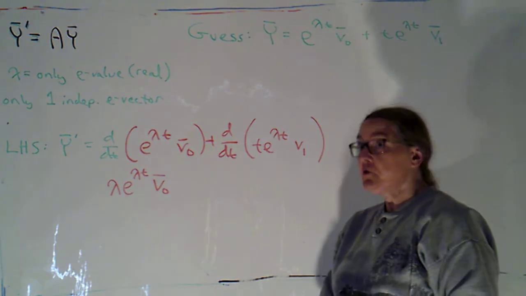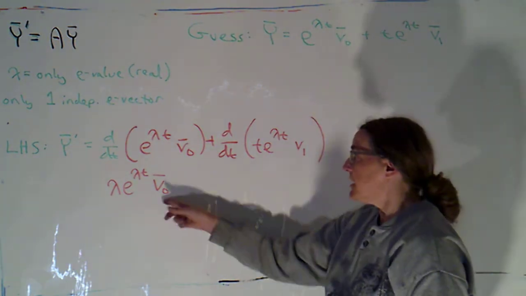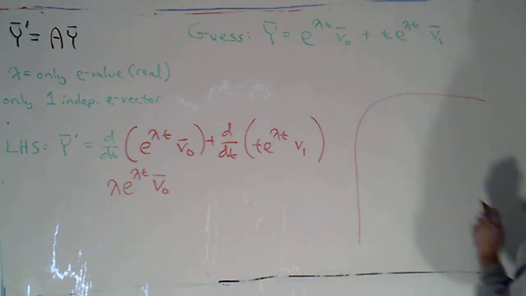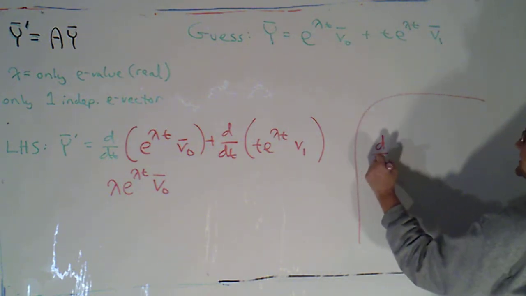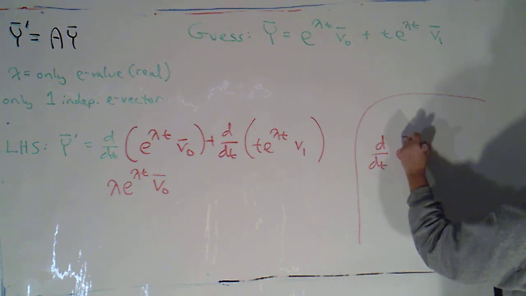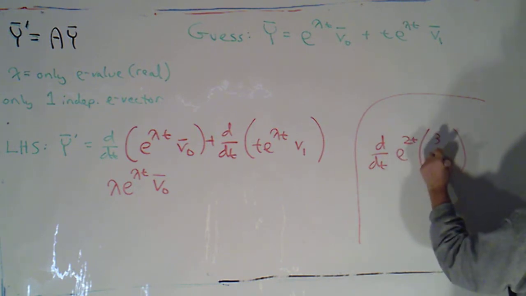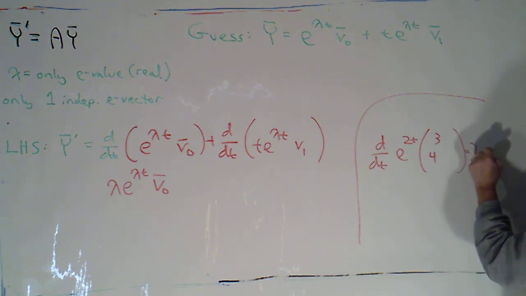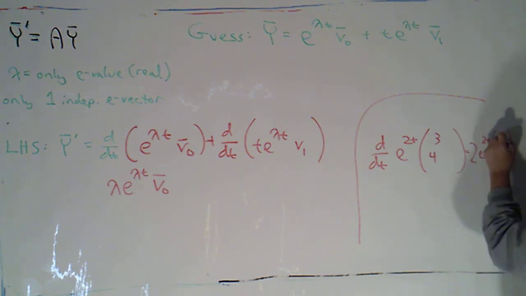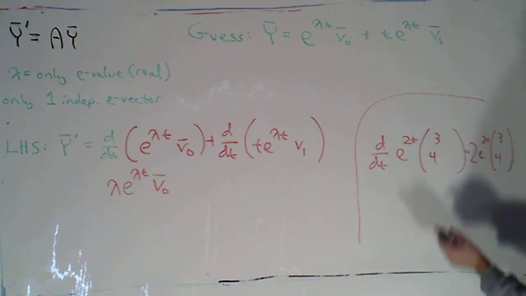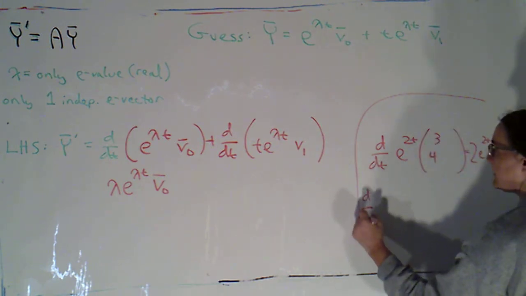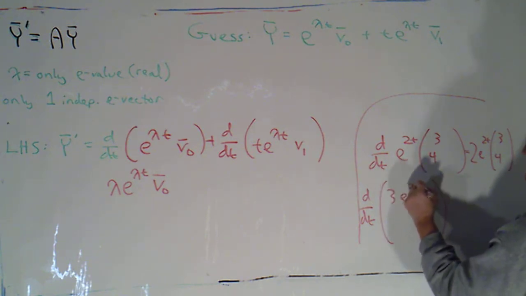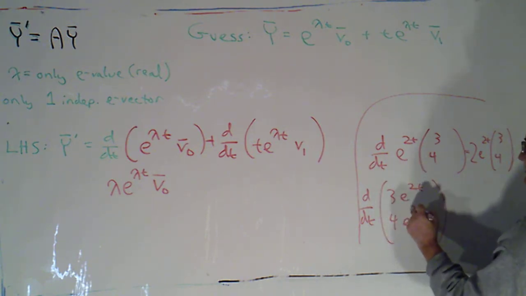Now, those of you who are used to doing calculus with vectors might feel very comfortable with that. If it looks a little weird, off to the side, I'm just going to do an illustration. Let's suppose I wanted to take the derivative of e to the 2t times the vector 3, 4. According to this rule, that should be 2e to the 2t times the vector 3, 4. Well, if I didn't feel comfortable doing that, I could work out that this is just 3 copies of e to the 2t, 4 copies of e to the 2t.